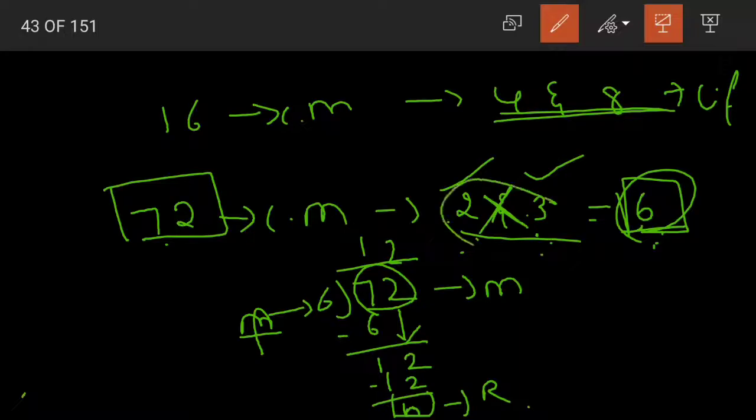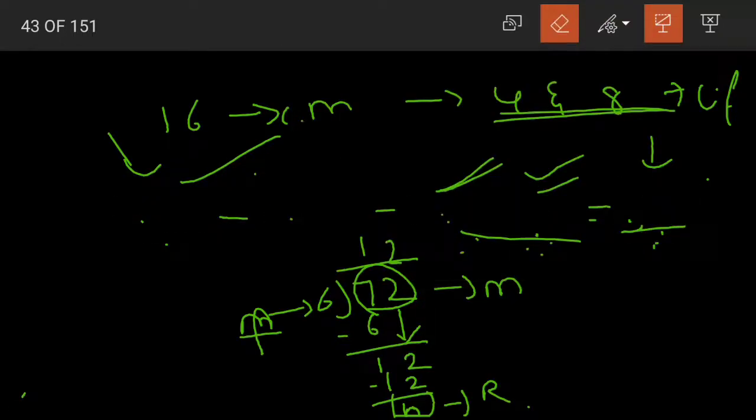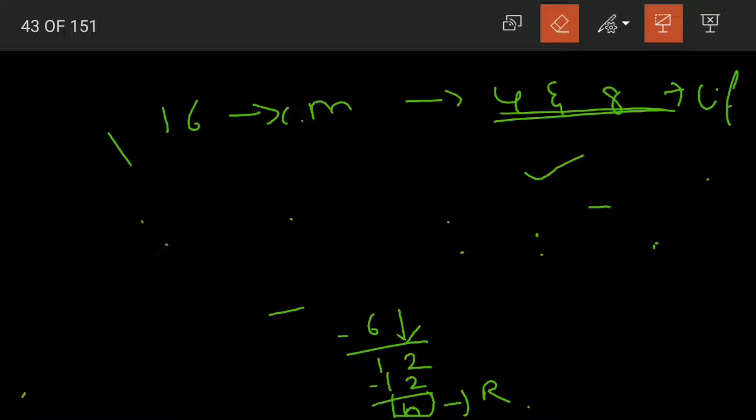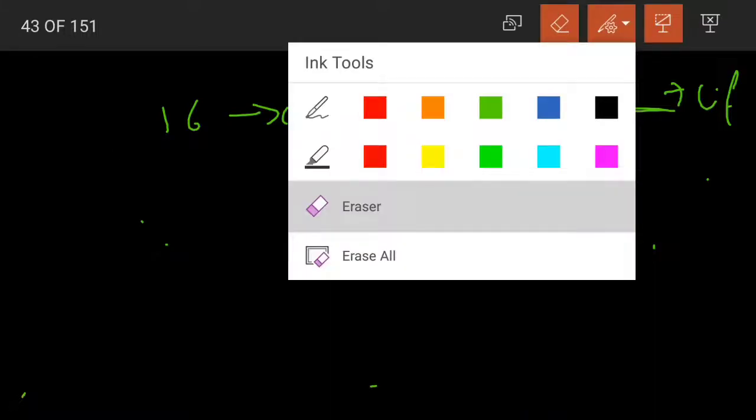In that case, you can simply multiply the given numbers and then divide the given number by the product. If it is divisible, yes, that means 72 is a multiple of both 2 and 3. But here in the case of 4 and 8, where they are having two common multiples. If we keep one aside, they have two common multiples, namely 2 and 4.